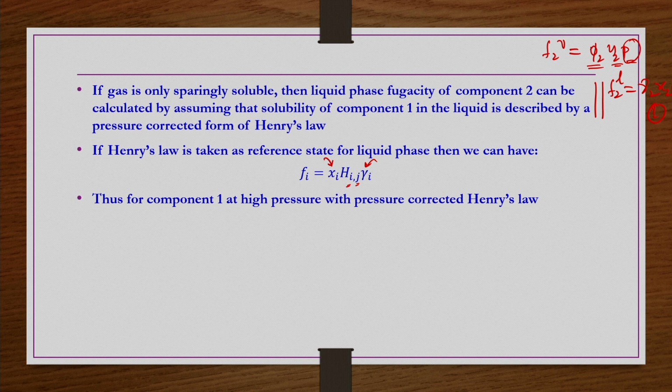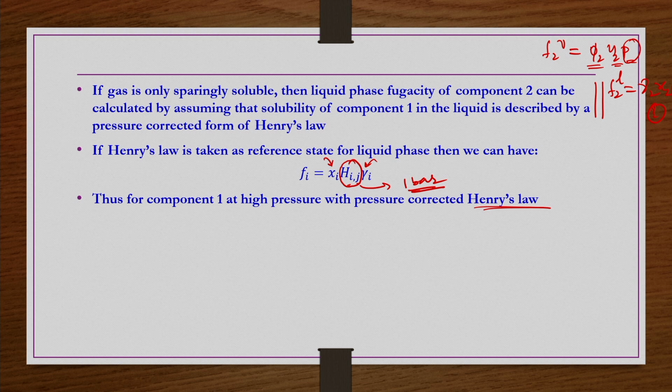Now, thus for component at high pressure with pressure corrected Henry's law. Actually this Henry's constant, whatever are there, they are derived at 1 bar pressure, or the information is available at 1 bar pressure. So, as the pressure increases, the solubility also increases.